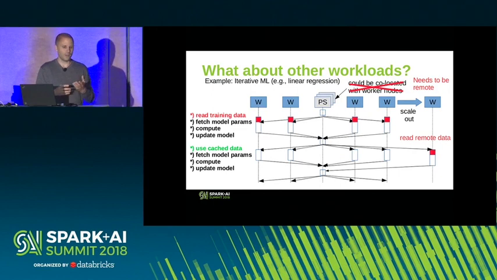Also, we cannot assume the training data set to be cached. One task may execute on one particular machine in one epoch, and the same task operating on the same data partition may execute on a different machine in the next epoch. And if this happens, then the training data has to be read again from the input source.